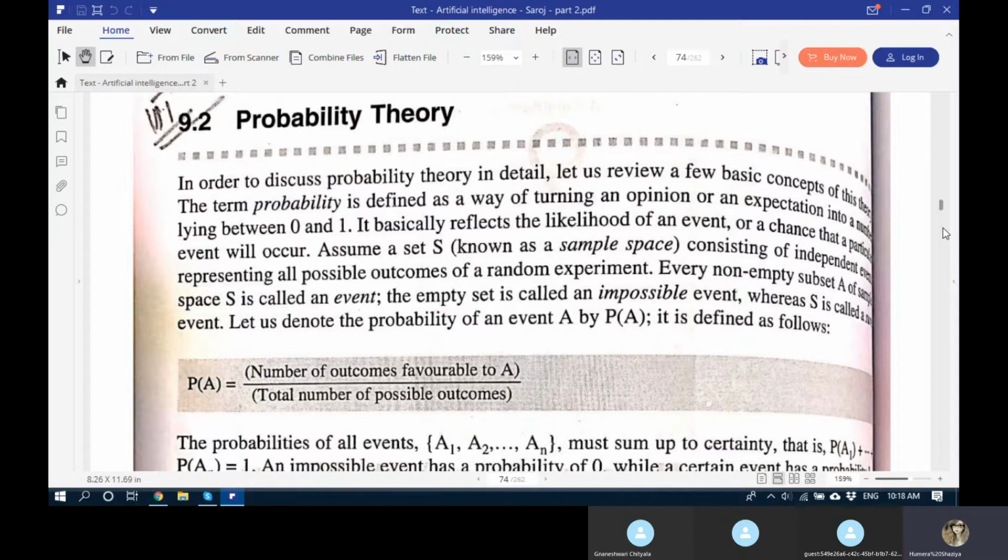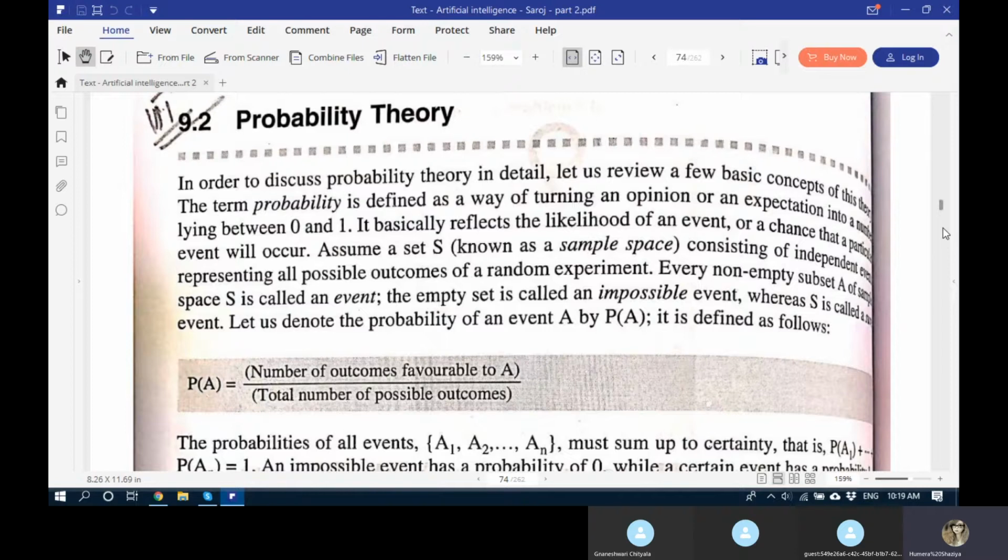If you consider, for example, our current scenario, our lockdown period, what is the probability that we get exams in May, or what is the probability that we get exams during June?